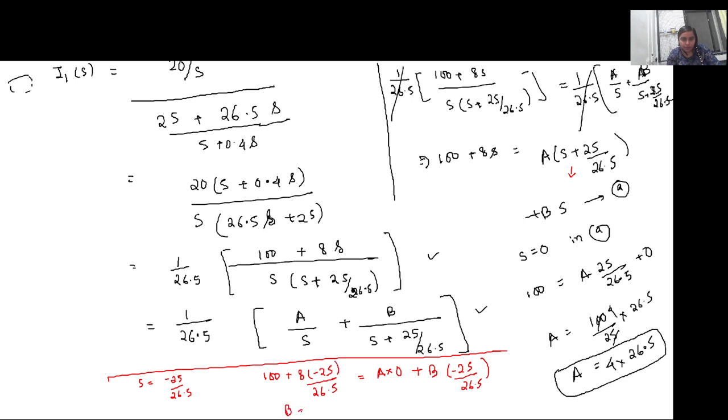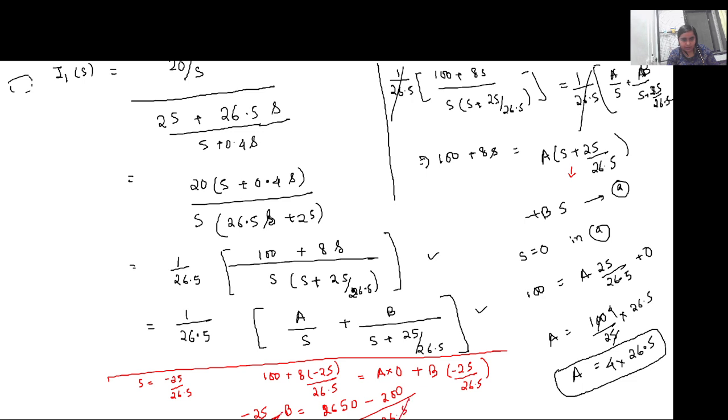So b comes out to be minus 25 by 26.5, so it is 2650 minus 8 into 25. 8 into 25 is 200 by 26.5.